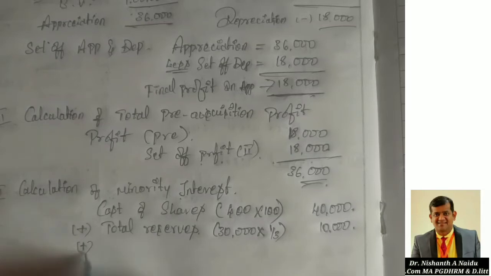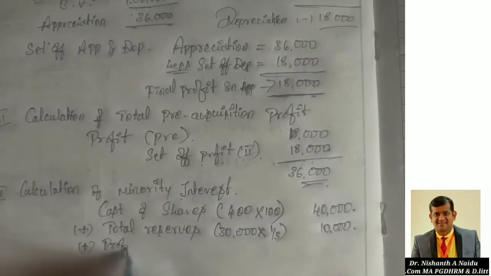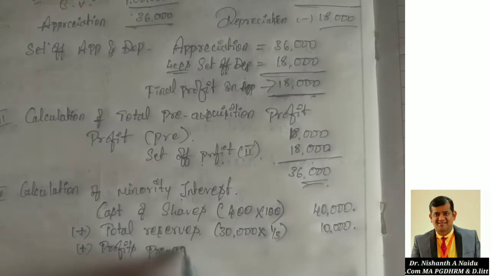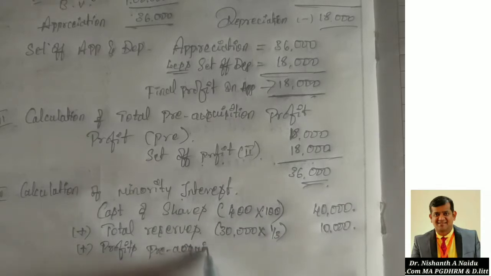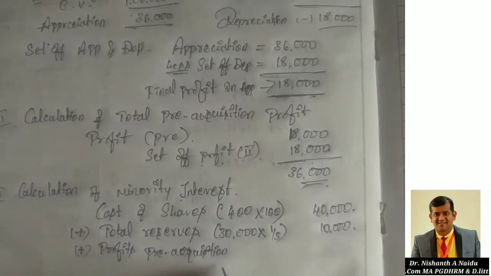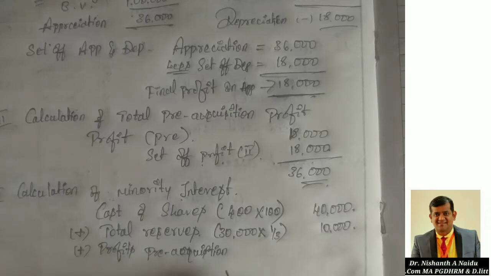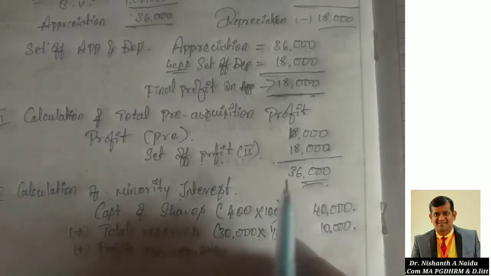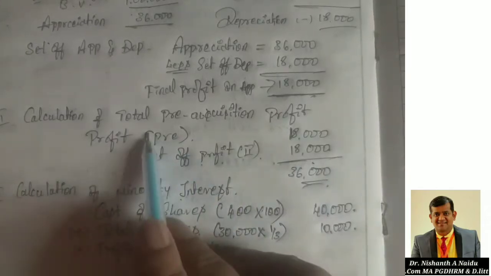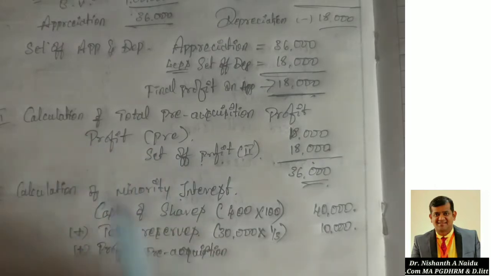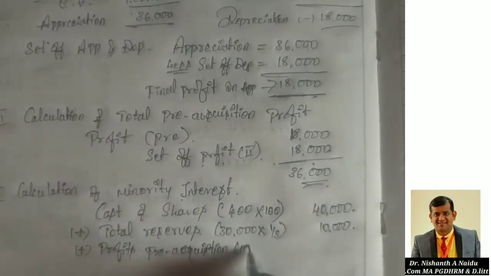Next, add pre-acquisition profits. How much is the pre-acquisition profit? 36,000 rupees, which we have identified through working note step 3.